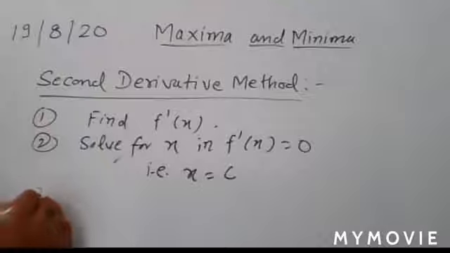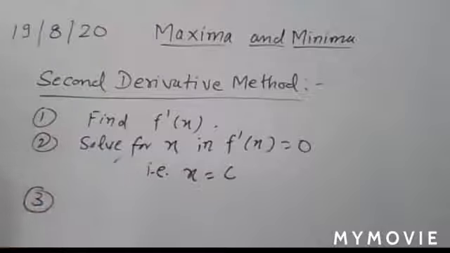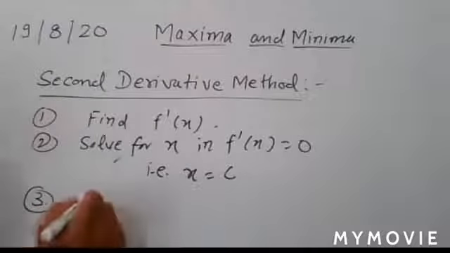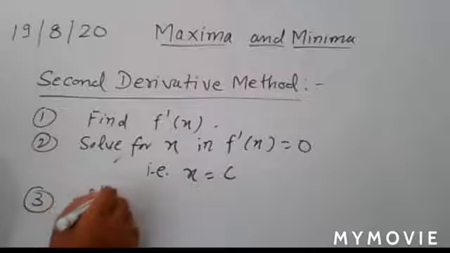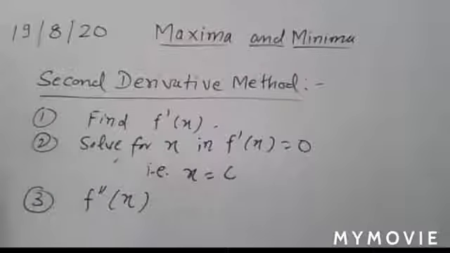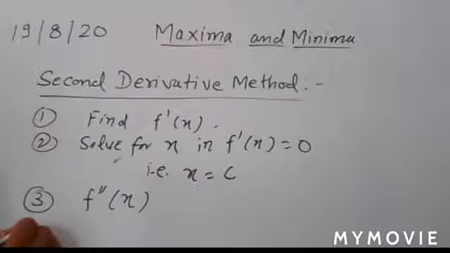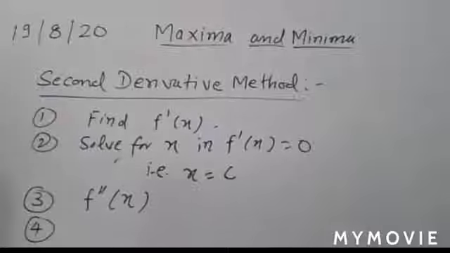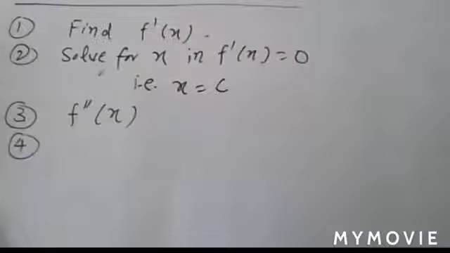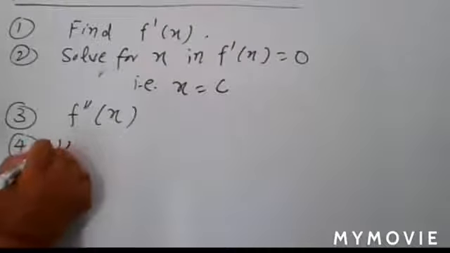Now in the third step, you take f double dash x, means you take its second derivative. Understand? Now in the fourth step, you have two cases.